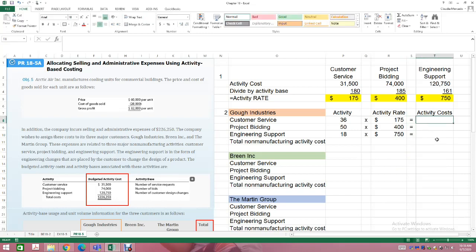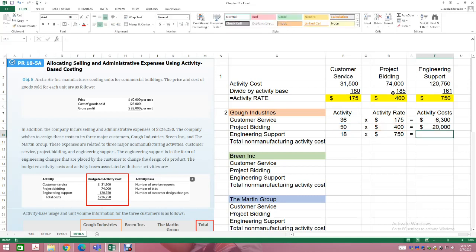That's going to equal your activity costs. So you're going to get the 36 customer service requests times the activity rate, which we calculated at 175. That will give me 6,300. We're going to get the 50 project bids times 400, which we calculated here.